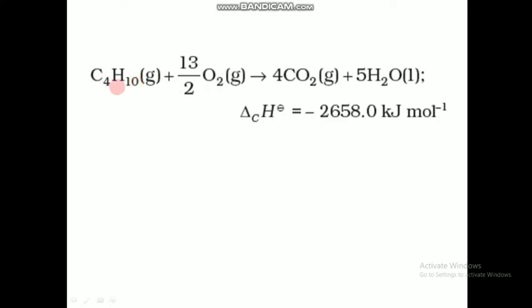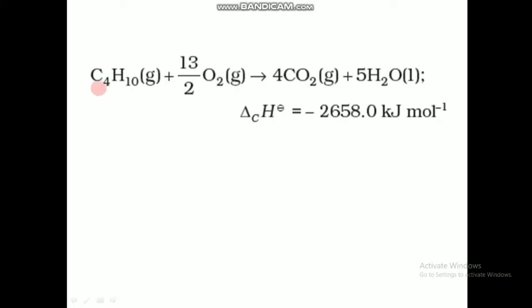Anyway, we take just 1 mole of the butane. That is fixed. Then only it becomes a combustion reaction. So the reactant which we are actually doing the combustion of, we take 1 mole. And for that particular substance, we need to adjust the oxygen amount. So that's why we have taken 13 by 2. This 13 by 2 of oxygen is the amount required for 1 mole of butane. That's why we have taken this type of fraction.